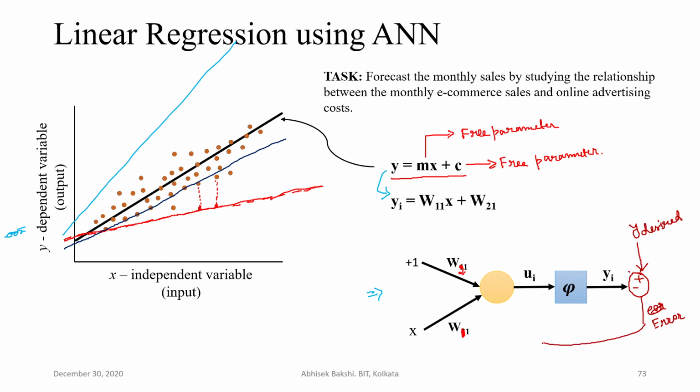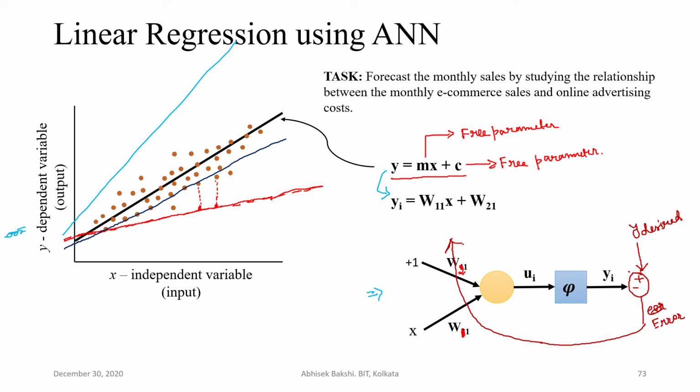This error will basically adjust the synaptic weights so that for the next point I will get a better y which is very close to the desired y. This is what learning actually is, and this is what happens.